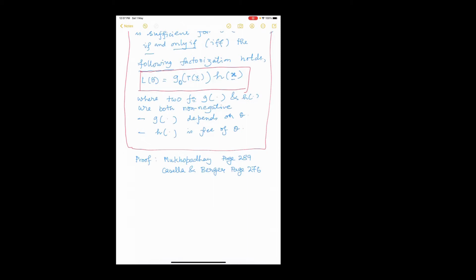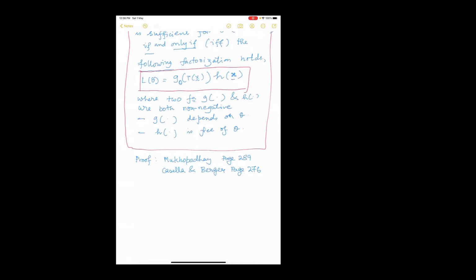Rather, we can start with a likelihood function, and we can try to write this likelihood function into a product of two functions, G and H. And if we can come up with a function G which involves theta, and a function H which does not involve theta but only a function of x, then there will be some statistic involved in the G part, and we can say that statistic is sufficient for unknown parameter theta.